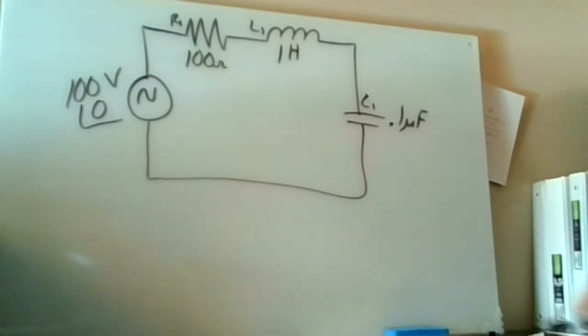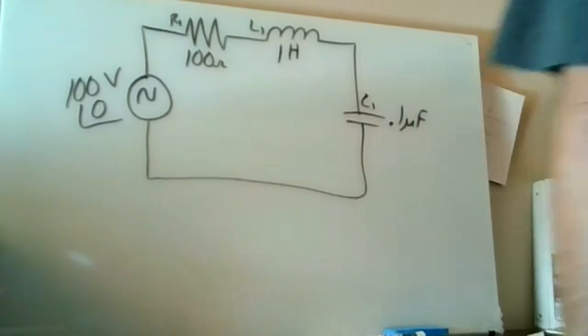So now when you guys get a circuit, you're going to see something like this. What type of circuit do I have there?